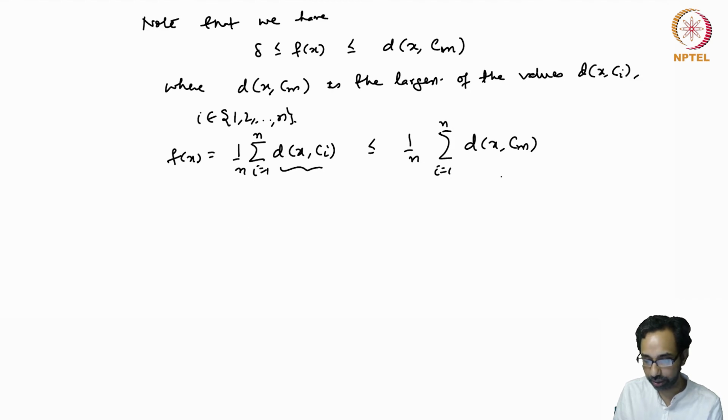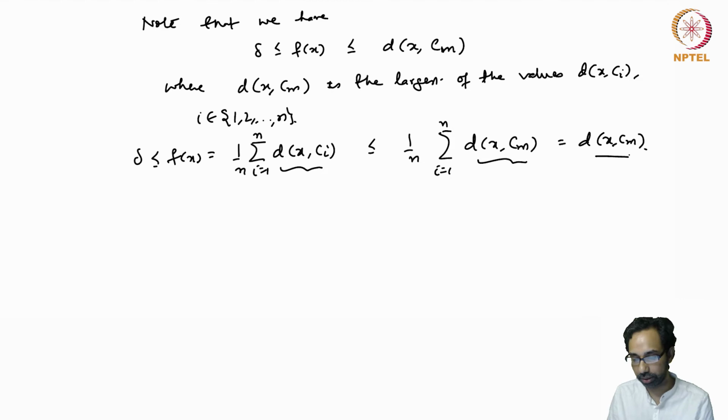So each of these is less than or equal to d(x, cm), so you can just replace each of the ci's with cm, and we have this inequality. But this is nothing but d of x, cm. So we had this lower bound delta already, and now we have an upper bound which is given by the distance between x and cm.